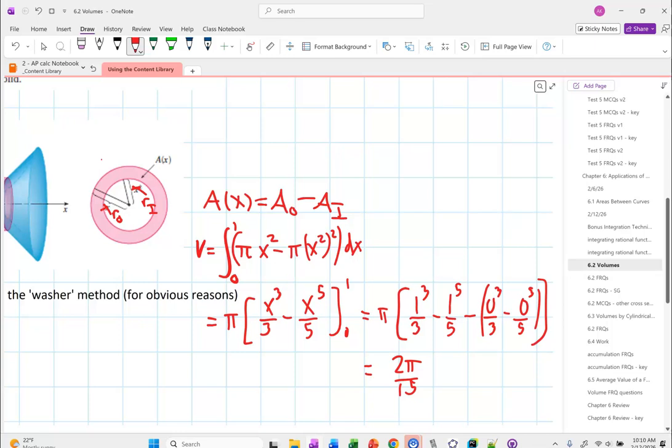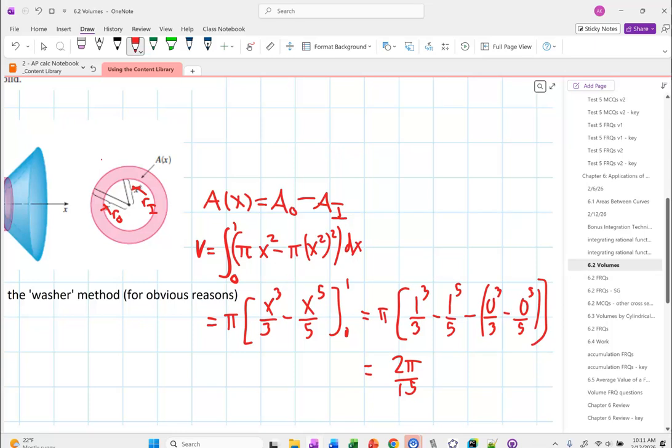This method, where we have a concave figure, what shape does this look like? We call it a washer. You know, like the mechanical hardware, not a washing machine or a dishwasher, but the thing that fits around the screw.